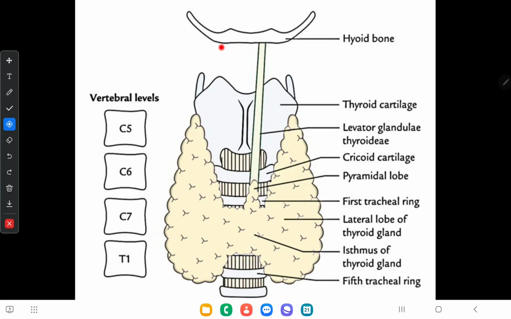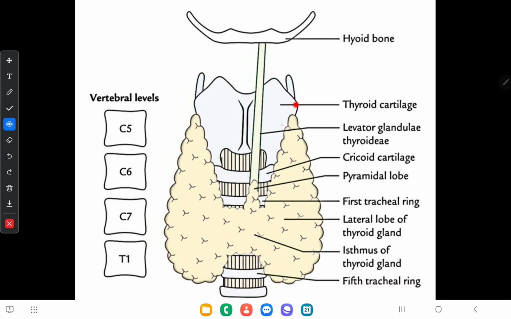So, from this slip of muscle, which is called levator glandulae thyroideae, this pyramidal lobe is connected to this hyoid bone. The upward shift of an enlarged thyroid gland is arrested by the attachment of sternothyroid muscle to the oblique line of the thyroid cartilage. This area is the oblique line of the thyroid cartilage.